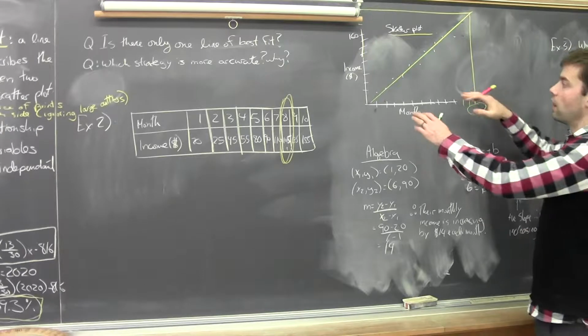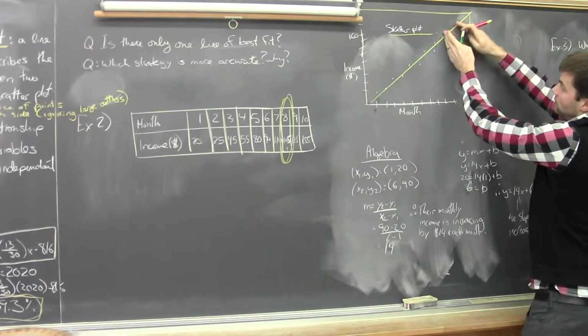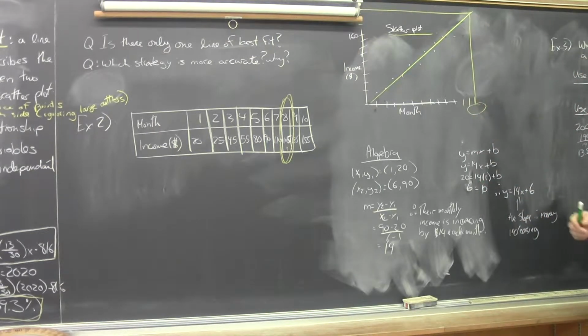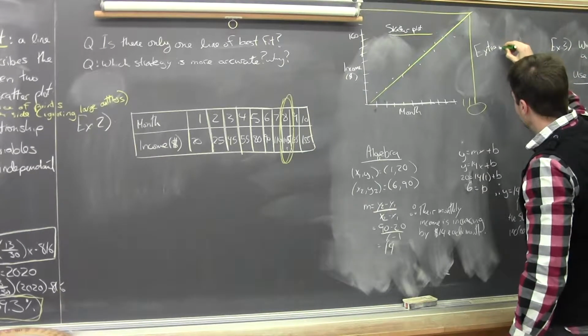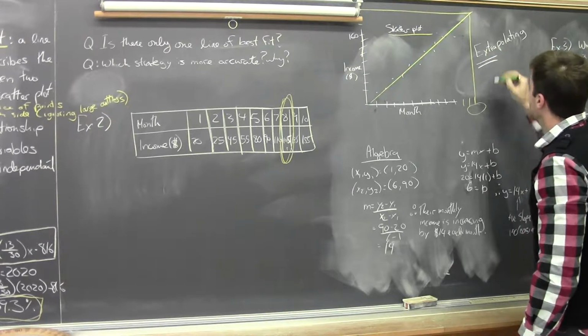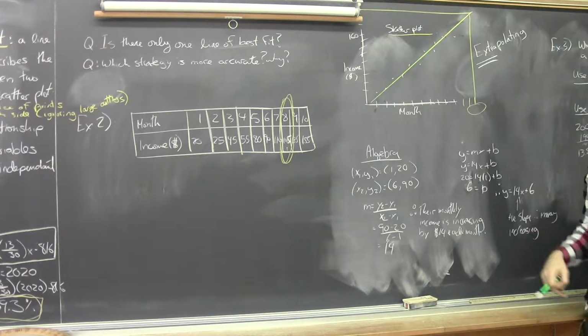This process of extending a graph, where I'm extending this graph to find out a predicted answer, it's called extrapolating. You need to know this. Extrapolating. Okay, I'm extending the graph, I'm adding extra onto the graph, so it's called extrapolating.